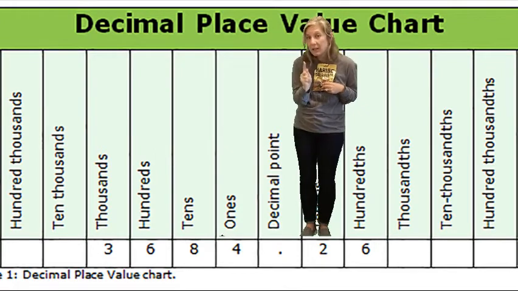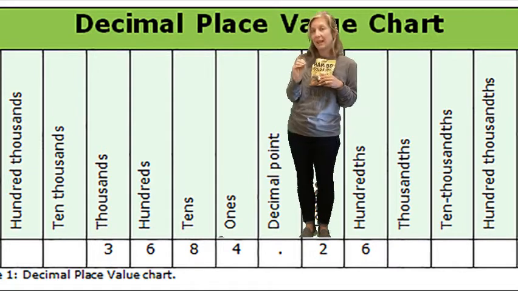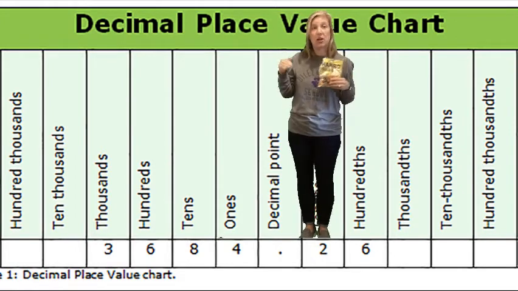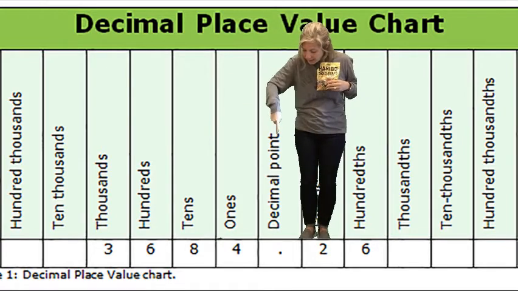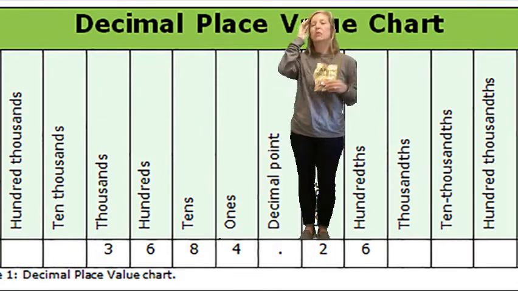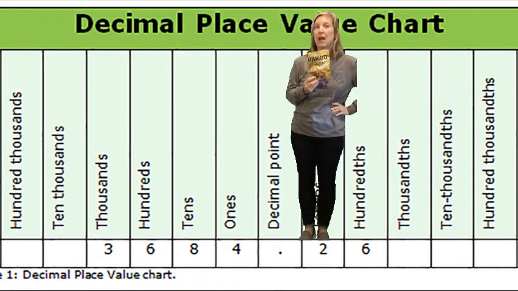The and word in our decimal numbers only belongs to the decimal point. We say and to represent our decimal point, and that is it. So 3,684 and 26 hundredths. That's the amount that we have. So I want you to picture how many gummy bears that really represents.